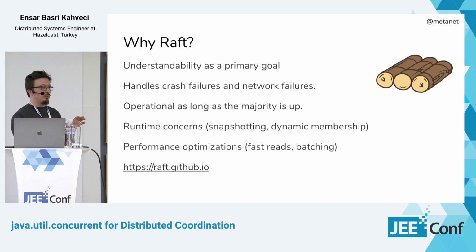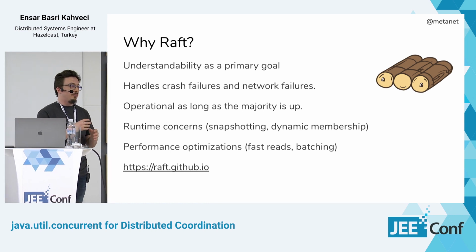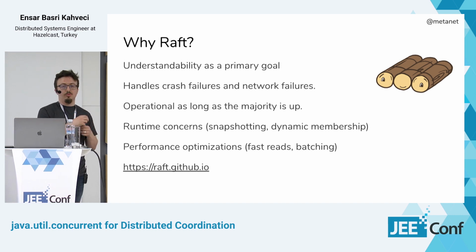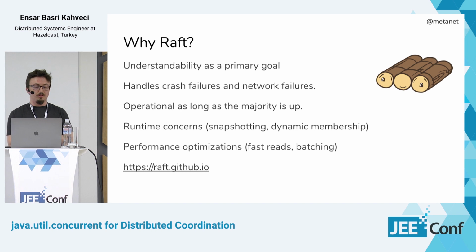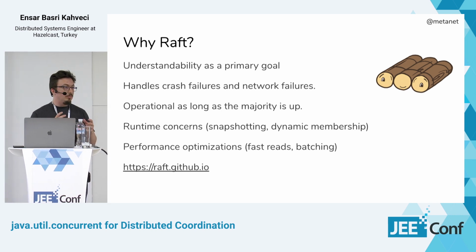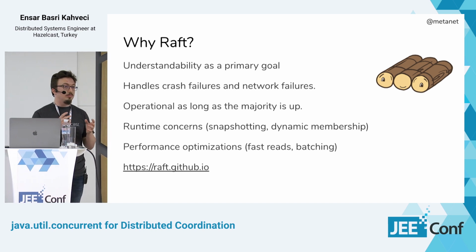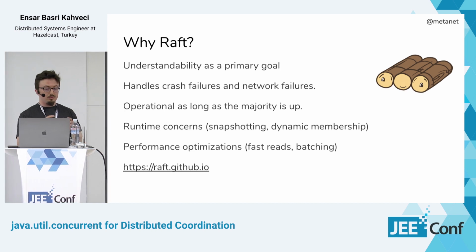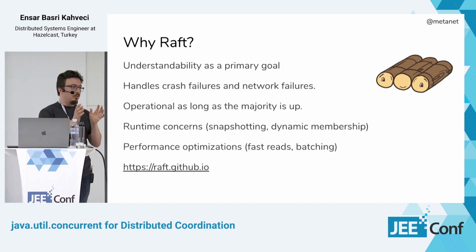For instance, it has a solution for what if one of your servers is behind the others and wants to catch up with the other servers. It has a solution for that: snapshotting. Or what if you want to change the membership of your cluster at runtime? These things are a bit difficult when you are running a consensus algorithm, and Raft defines solutions for each one of them. In fact, these concerns are also addressed for the Paxos algorithm, but they are spread around several papers and solutions. The good thing about Raft is it gives you everything as a single compact solution.